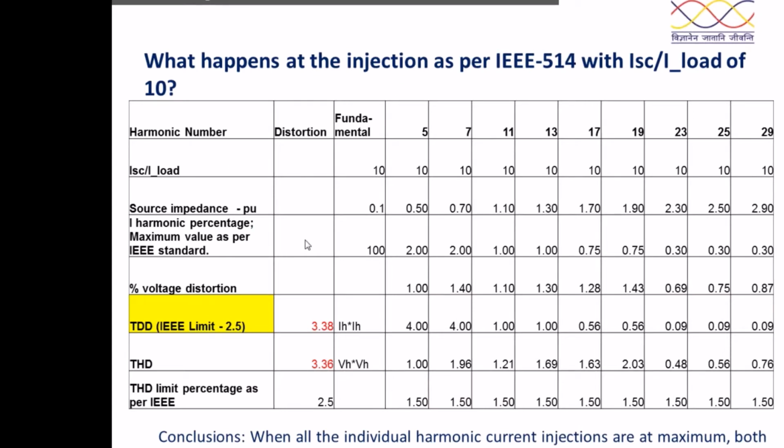The maximum harmonic percentage as per the IEEE standard is 2 for the 5th and the 7th, 1 for the 11th and 13th, 0.75 for the 17th and 19th, and so on.